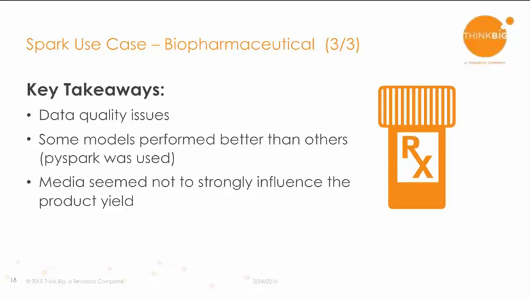And at the end, we were able to conclude, based on the different algorithms and libraries that we applied, that media didn't seem to influence product yield that much. So going forward, we were able to provide some guidance and indications about the relationship between products and media interactions, which for the client was very good to know.